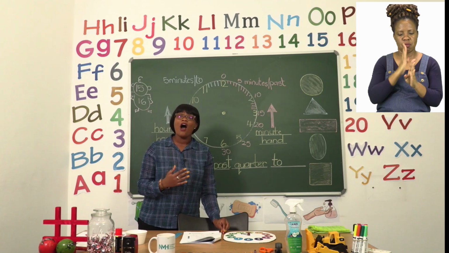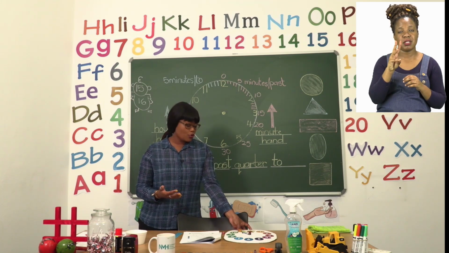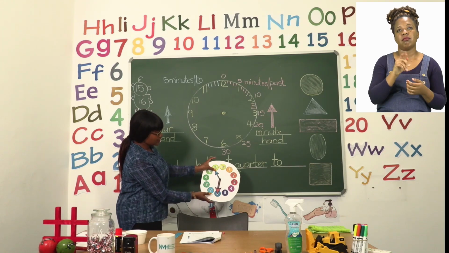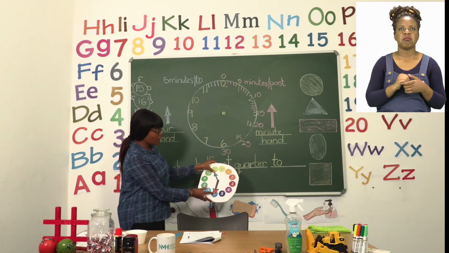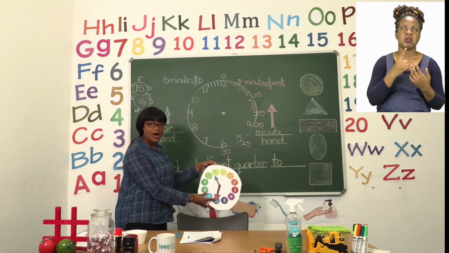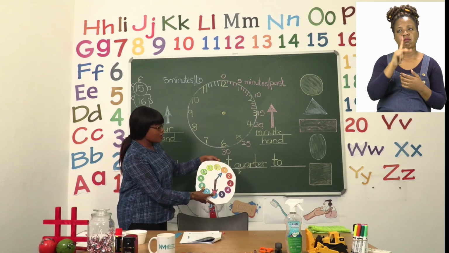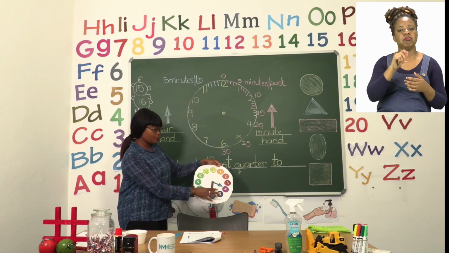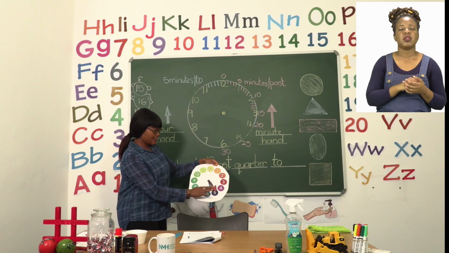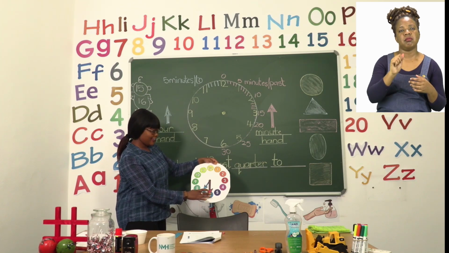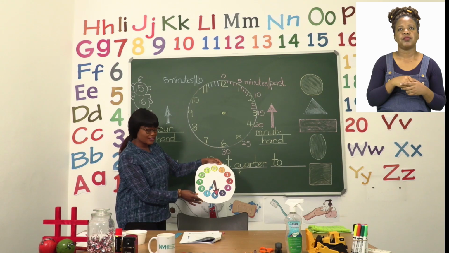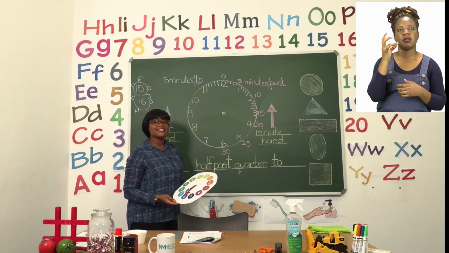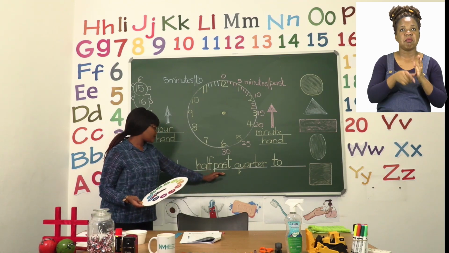It is called half past. So, if our minute hand were to now go all the way down to 6, we say it is half past. We can say it is half past 11, half past 1, half past 4, half past 7. So when the minute hand is facing 6, it is half past.